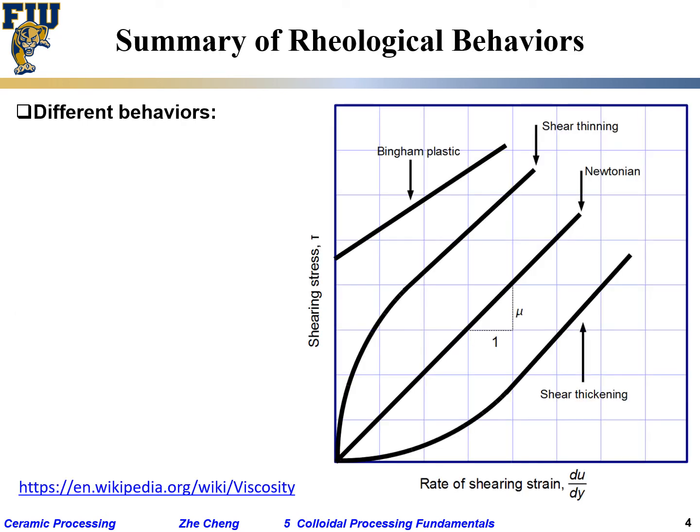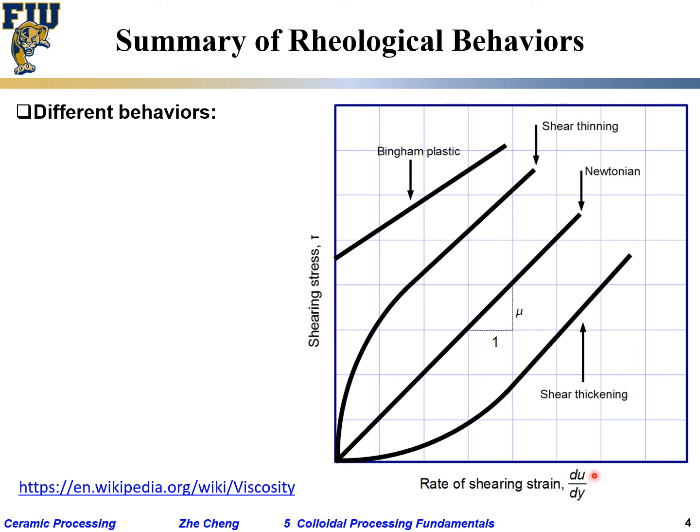So let's summarize a little bit. If we are plotting shearing stress versus strain rate, rate of shearing strain, you see how we plot du, u for velocity, dy, y for thickness. Remember we said it's velocity over the thickness of my viscous liquid.